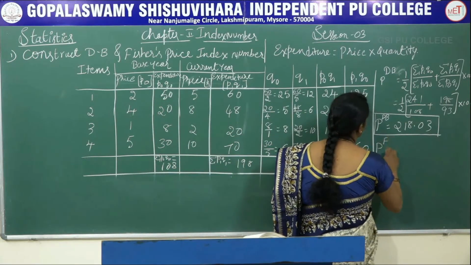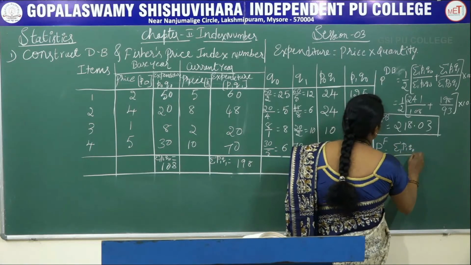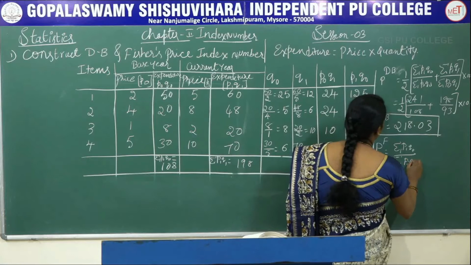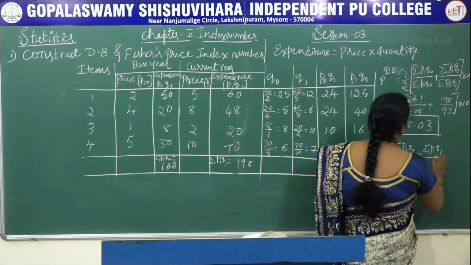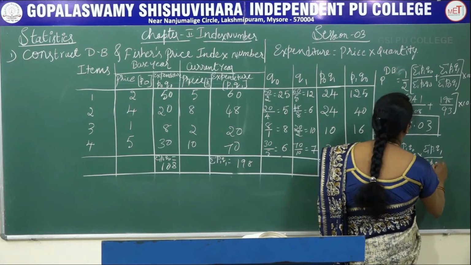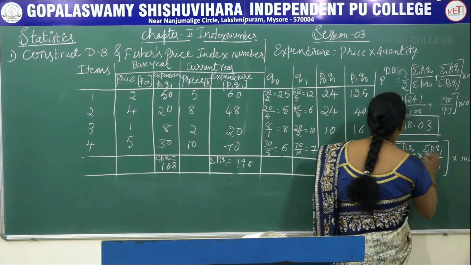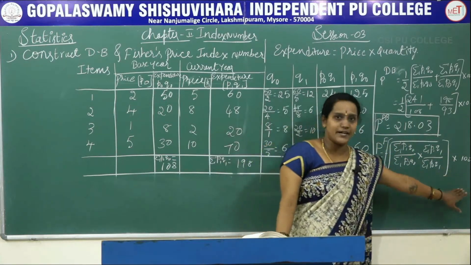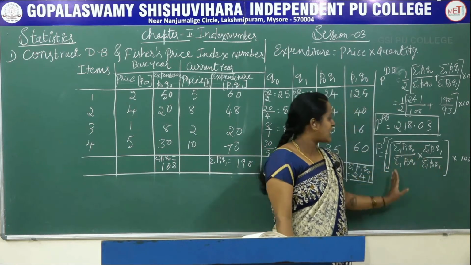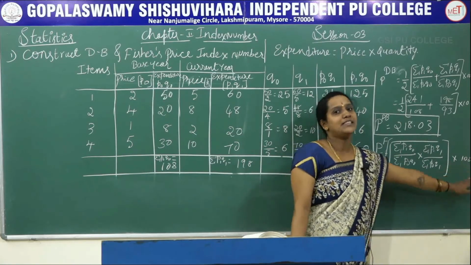Next is to find Fisher's. That is Fisher's: it is summation of P1 Q0 by summation of P0 Q0 into summation of P1 Q1 by summation of P0 Q1, the square root, into 100. After taking the square root, we have to multiply the value with 100.